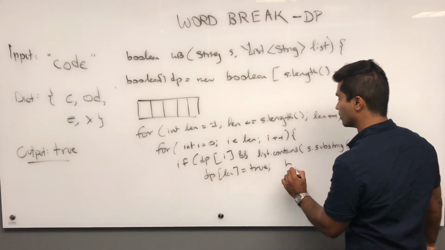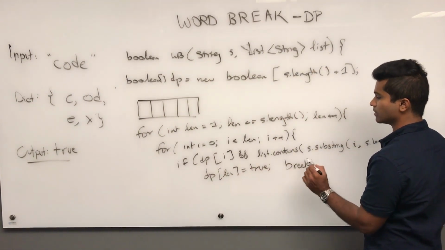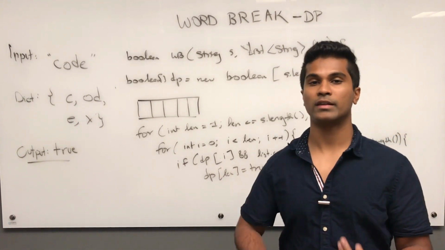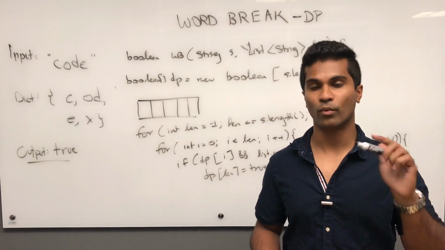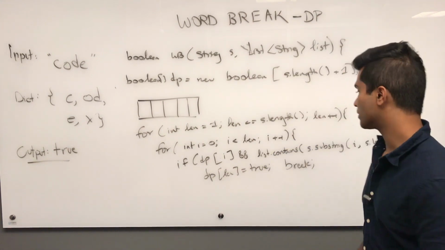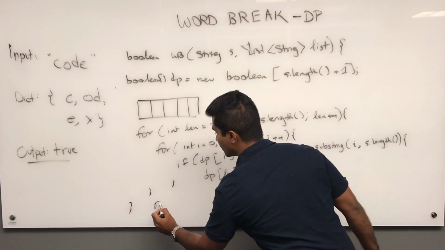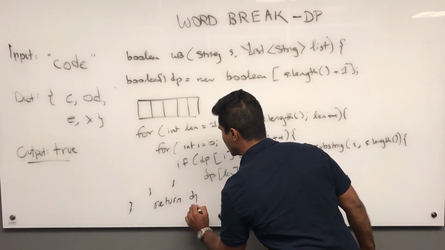And we can break, because all we care about is if the length is true or false. Even if the length is true in one particular way, that's all we care about. So that ends that, and then we have to return dp of n.